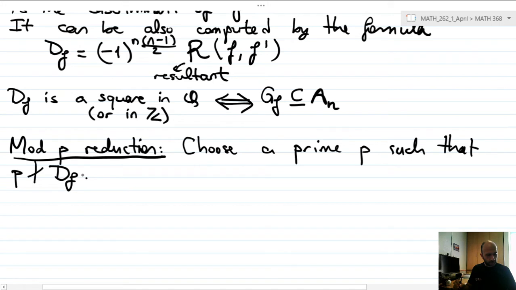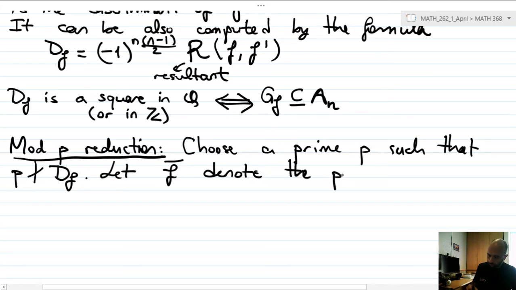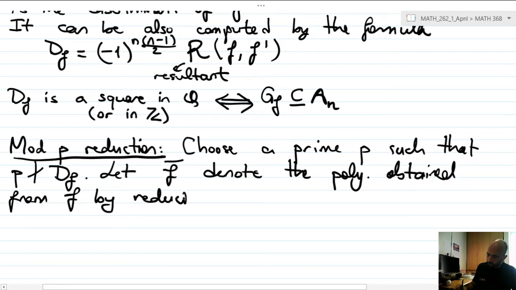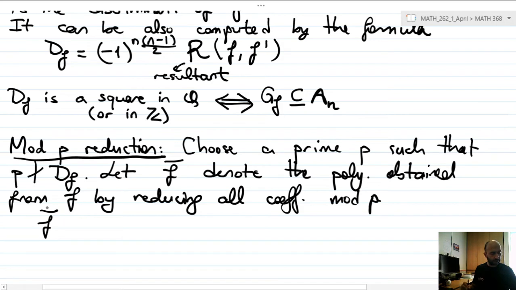Now, one thing we can do with an integer coefficient polynomial is reduce all the coefficients modulo p. So let f bar denote the polynomial obtained from f by reducing all coefficients modulo p. So the resulting polynomial will be in F_p[x], okay?